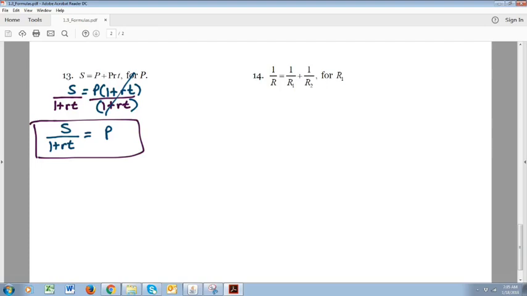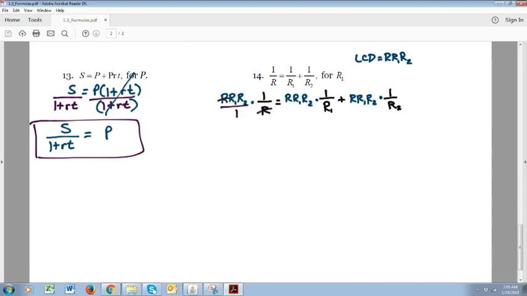So we're going to have to include all these variables in our LCD in order to clear fractions. So I'm going to rewrite this where I'm multiplying the LCD times each of my 3 terms. So look on the left, we've got our LCD times 1 over R. Notice the R's are going to cancel, and we're left with R1 times R2 times 1, or just R1 R2.